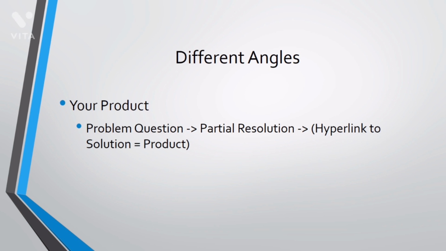And then you want to provide a partial solution. You don't want to provide the whole solution. The whole solution will be them actually buying your product. And then, of course, you want to add your hyperlink, and your hyperlink is going to link to your actual product, your website, your list building, your squeeze page, your landing page, whatever that might be at the end of the goal.